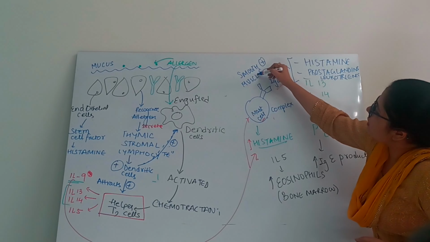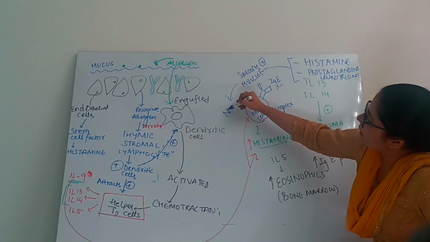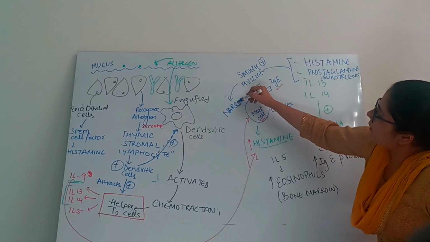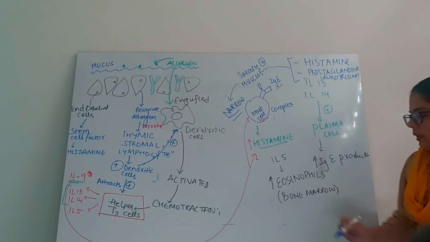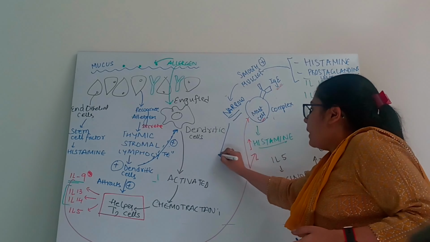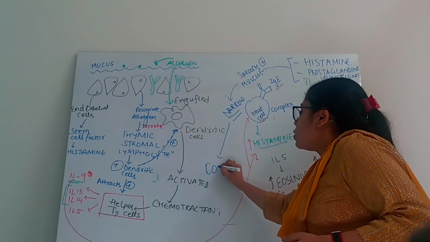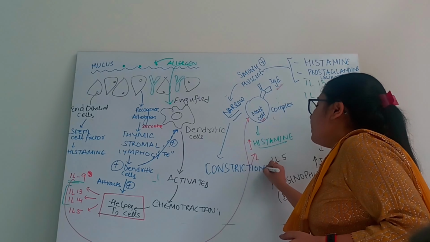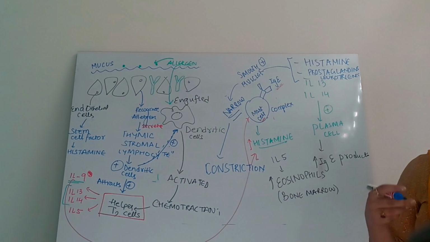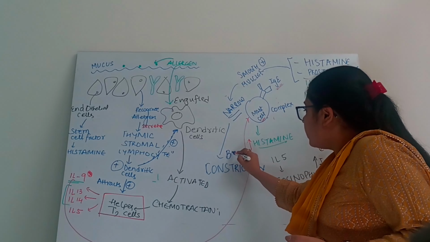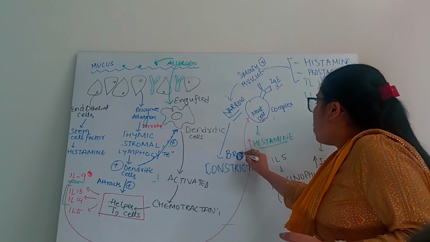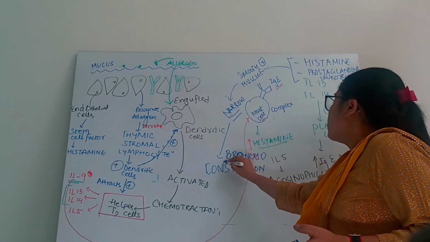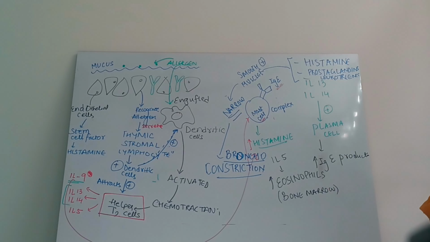This causes the smooth muscles to narrow, and in technical terms we call this constriction. When it is happening in the bronchioles, we call this bronchoconstriction, right? Bronchoconstriction is one prominent symptom of asthma.